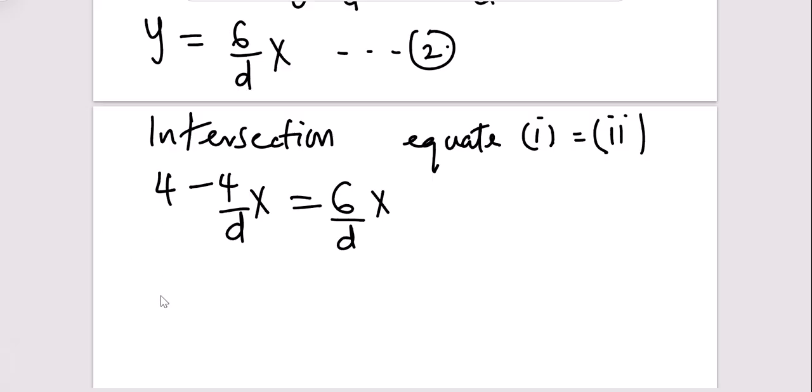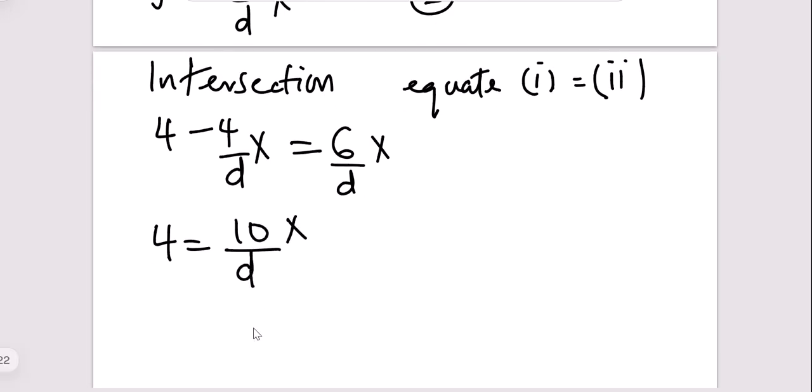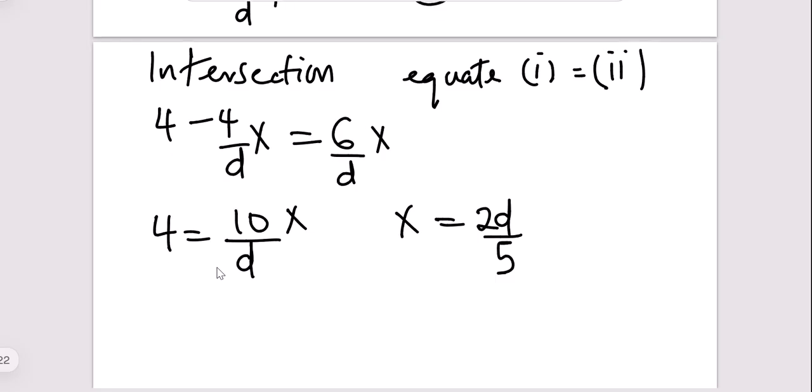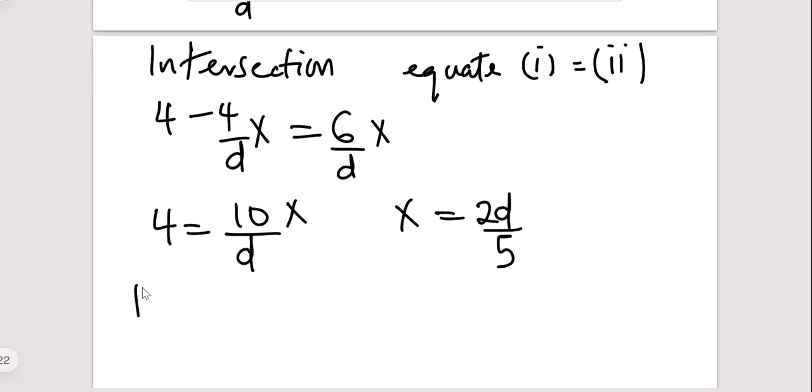And with this, we have 4 equal to 10 over d x. So by making x the subject of the formula, by simplification x is going to be 2d over 5.